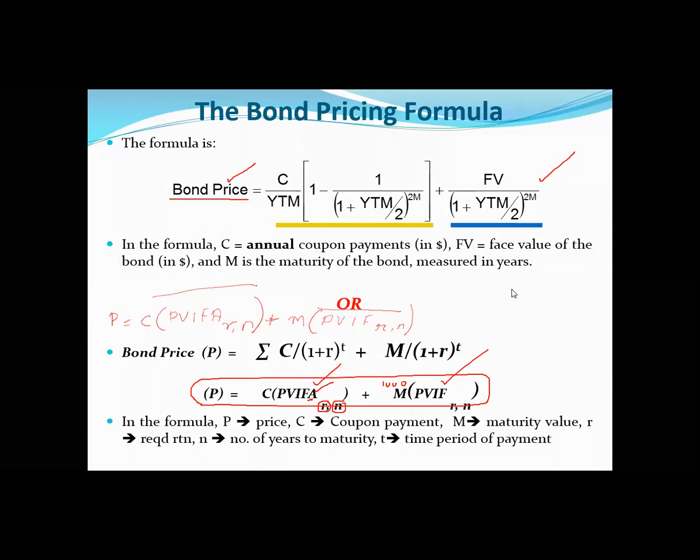You have a loan amount. In financial language we denote it by LTV, loan to value. Let us say I have taken a loan of 5 lakhs, and I want to repay this loan in 5 years.